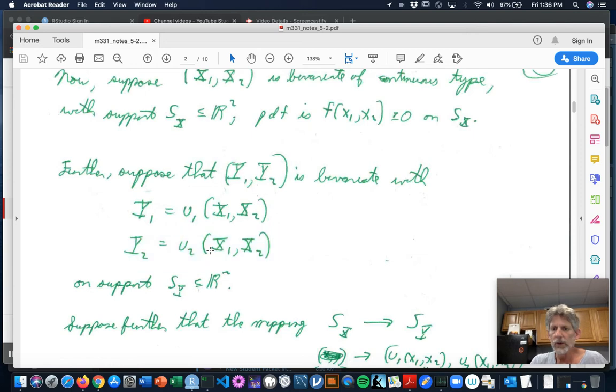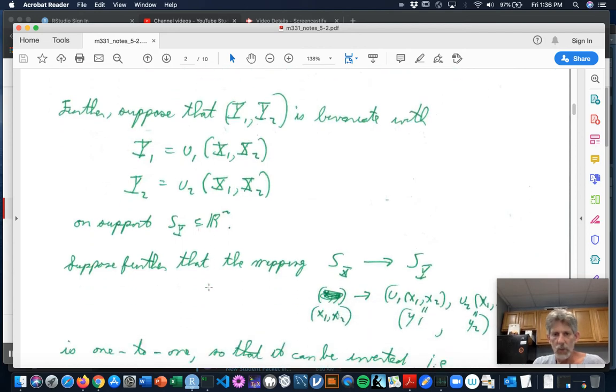So the u1 and the u2 are both two-variable real valued functions. And together we've got a transformation from one bivariate scenario to another bivariate scenario. So that second bivariate scenario is going to have a different support, okay? Call it S sub Y.